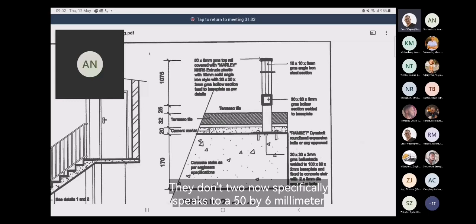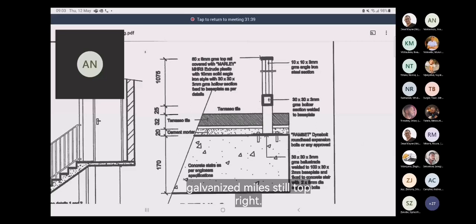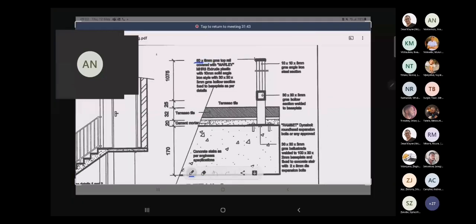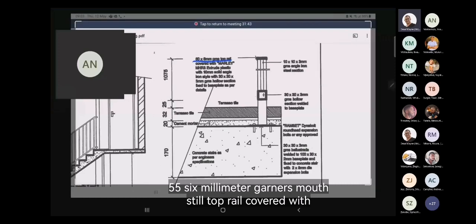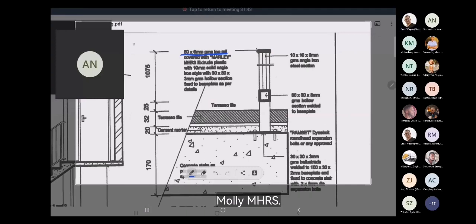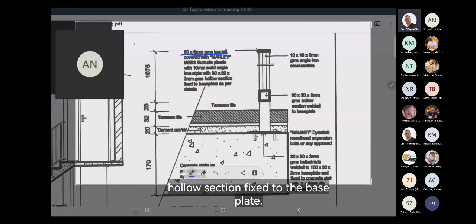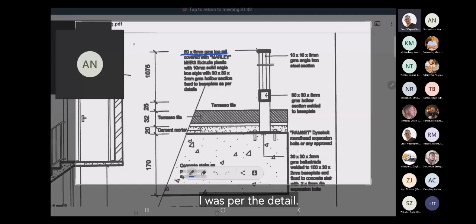Detail 2 now specifically speaks to a 50 by 6 millimeter galvanized mild steel top rail covered with Marley MHRS extrude plastic with 10 millimeter solid angle iron style with 30 by 30 by 3 millimeter galvanized mild steel hollow section fixed to the base plate as per the detail.